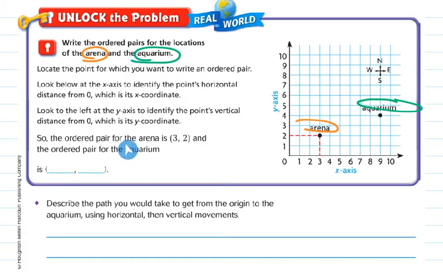So the ordered pair for the arena is 3, 2. For the aquarium, let's start at 0, 0. The x-coordinate is 9, and the y-coordinate is 4.